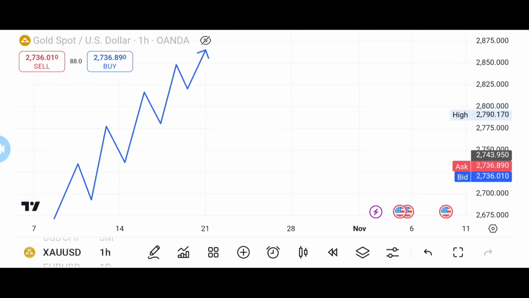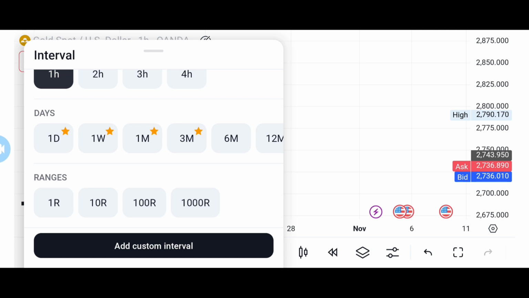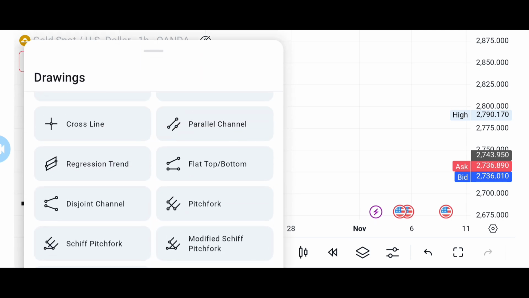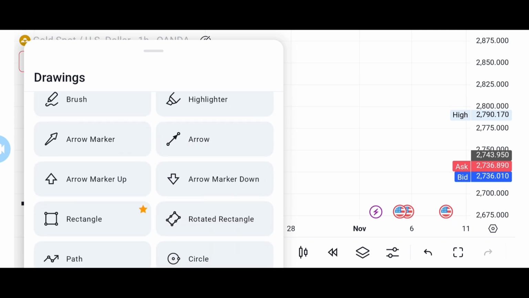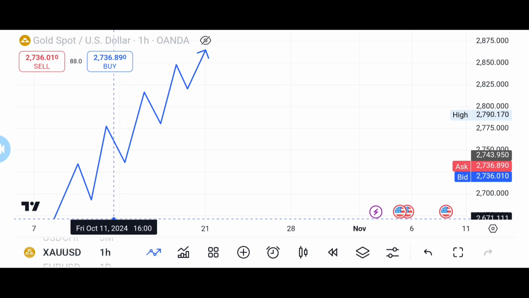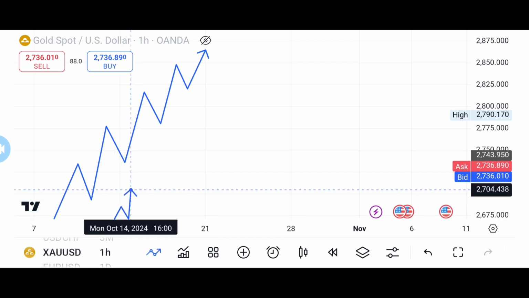So guys, that is an external market structure, and inside the external market structure we have the internal market structure. If you marry the internal and external market structure together, I can guarantee you that you'll be good to go when it comes to analyzing the market.